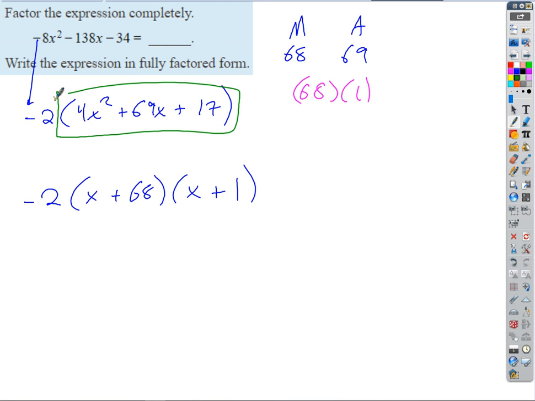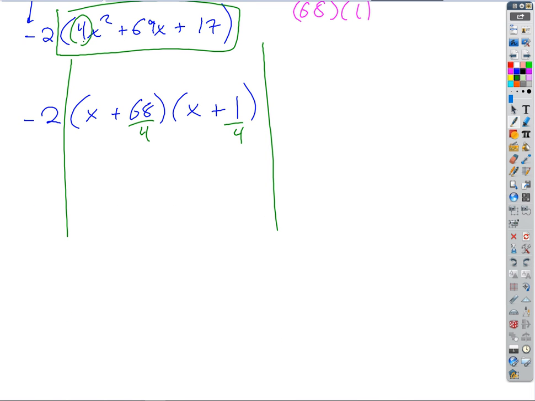Okay, so we've got the magic numbers, 68 and 1. Now what? Divide by what? 4. There's my 4. So I'm going to divide each one by 4, just working inside our box here. 68 over 4, what do I do with that? Simplify. Got to reduce the fraction. So what's that reduced to? 17.